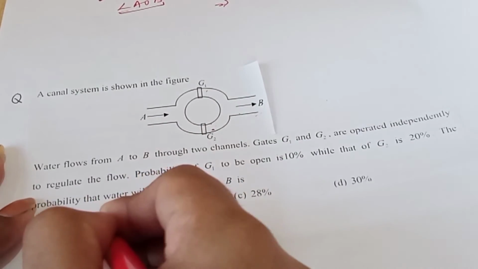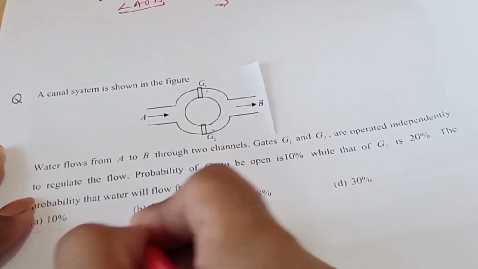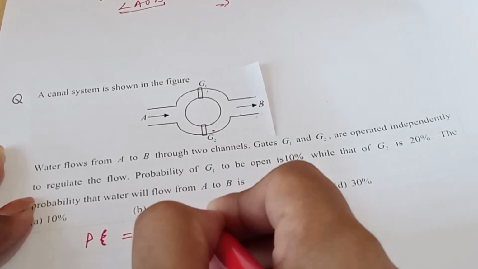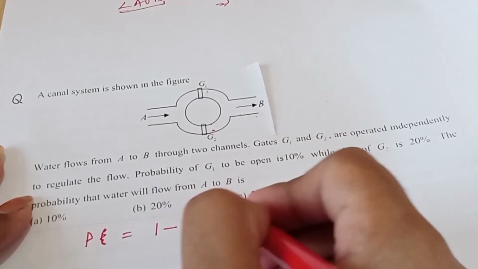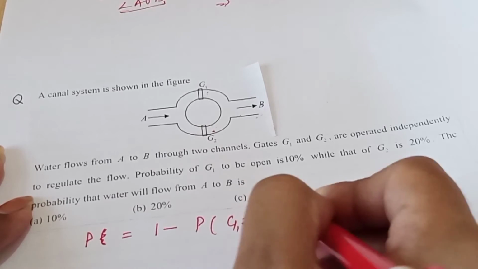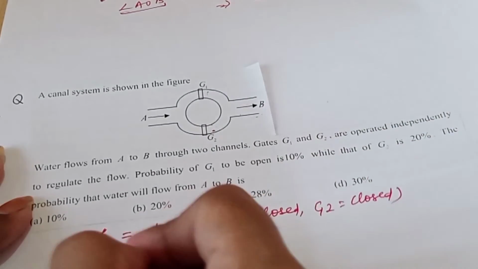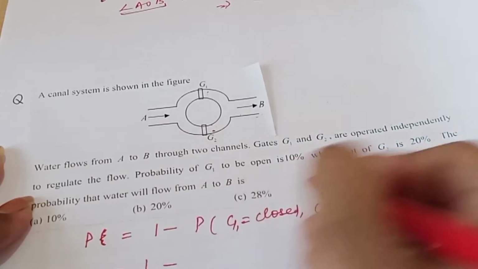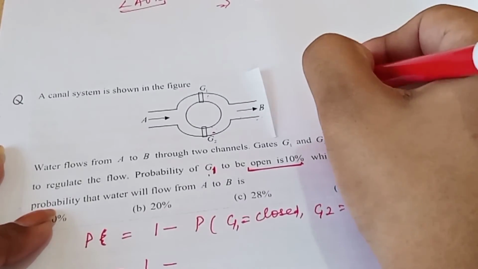The required probability is equal to 1 minus the probability that water will not flow. It means G1 closed and G2 also closed.